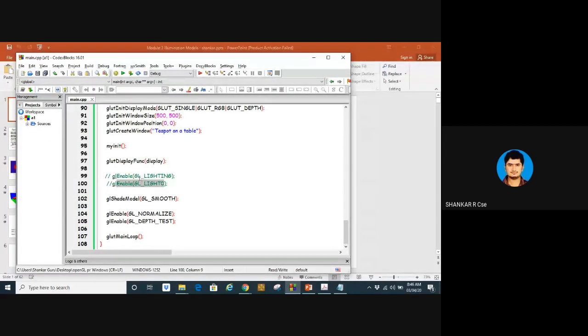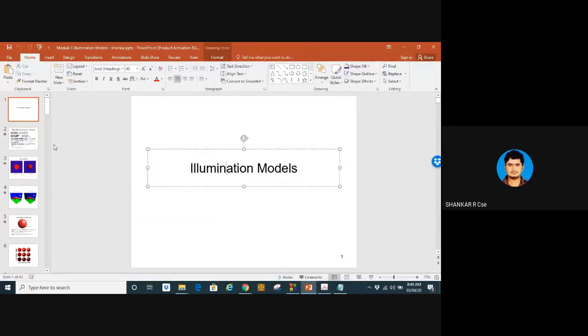You can ask me, in the previous programs we didn't do all this. Even though we have not done that, we only saw an artificial image. In order to see a realistic image, you need to turn on your lighting properties. That is today's topic, called illumination models. You'll understand all those lighting properties in a moment.